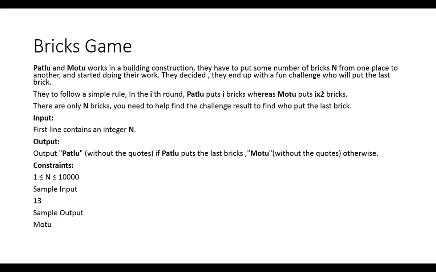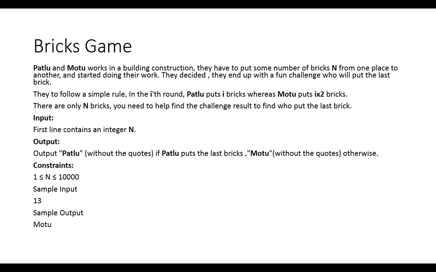So this is the way of picking up the bricks. The question is who will pick the last brick. The person who picks the last brick is the winner. So if Motu picks the last brick, then Motu is the winner, and if Patlu picks the last brick, then Patlu is the winner.